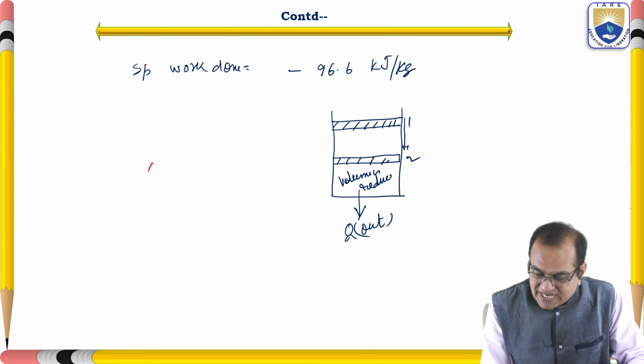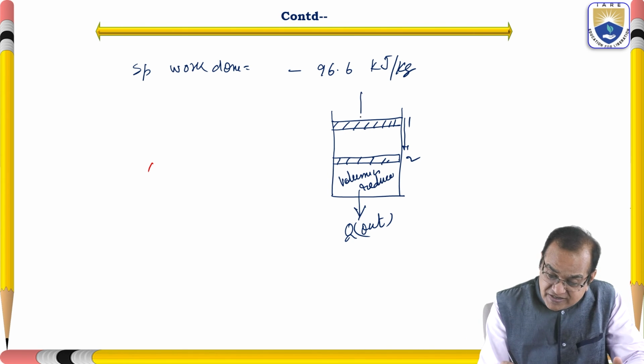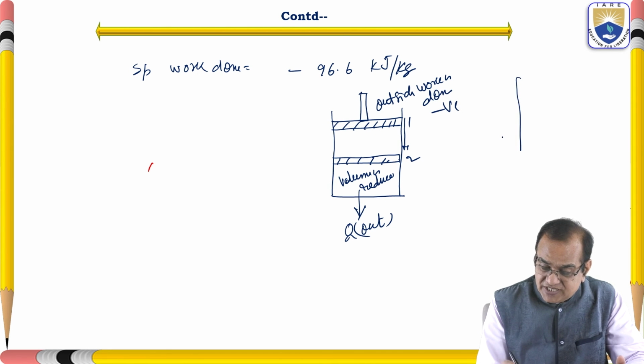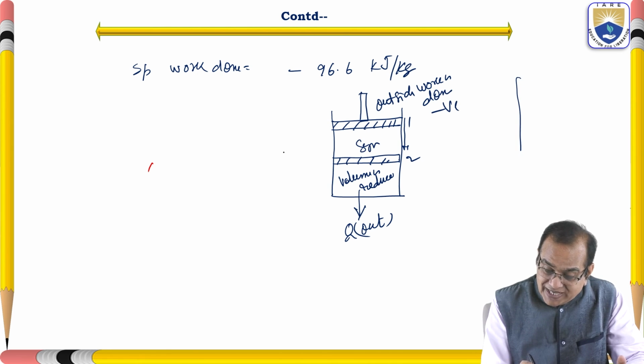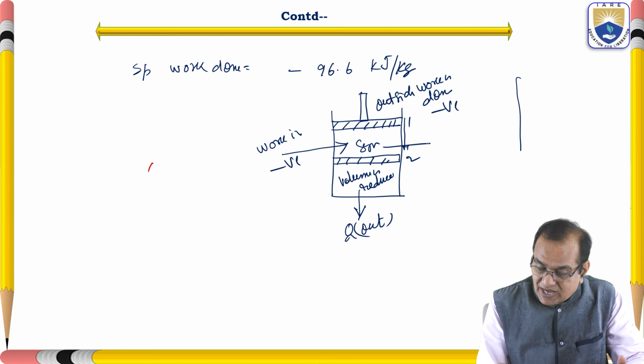So if any piston where the volume is reducing, so work is done from the outside. Outside work is done, and that is negative. So if this is the system and work is going in, work in is negative and work out is positive.